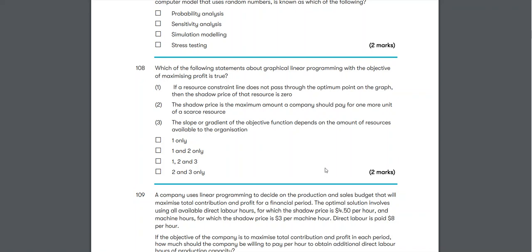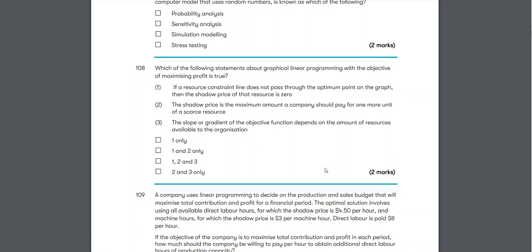Yes, because remember, shadow price means what is the extra contribution we are earning from one extra resource. If that resource is already more than we need at optimal point, there would be no point in purchasing additional. So this is true.